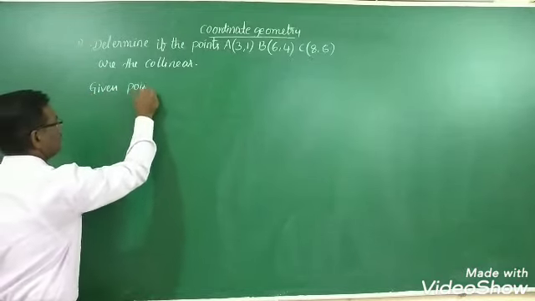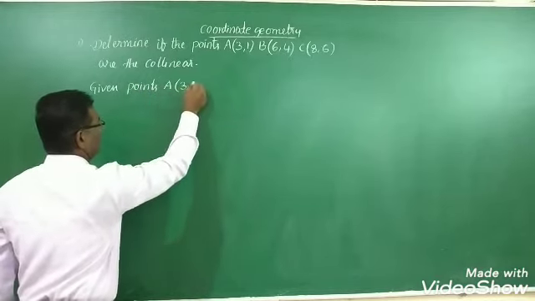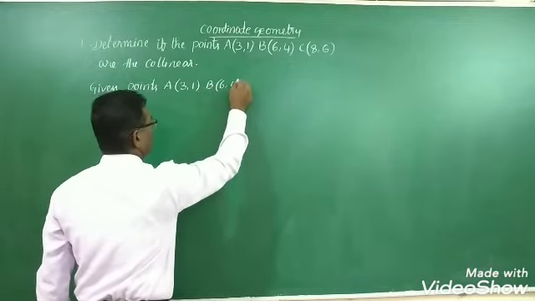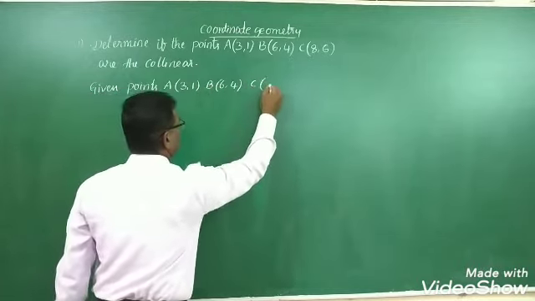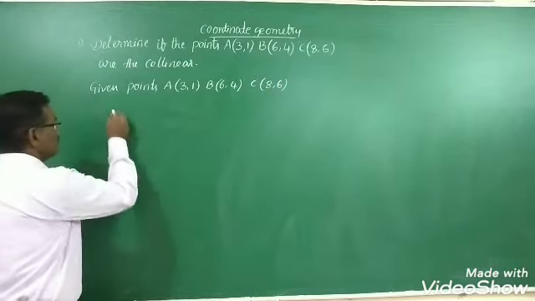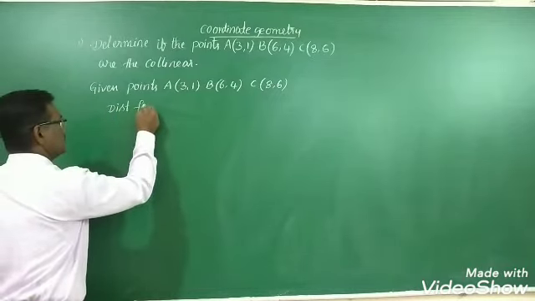Given points A(3, 1), B(6, 4), C(8, 6). These are the 3 points. So we use the distance formula.